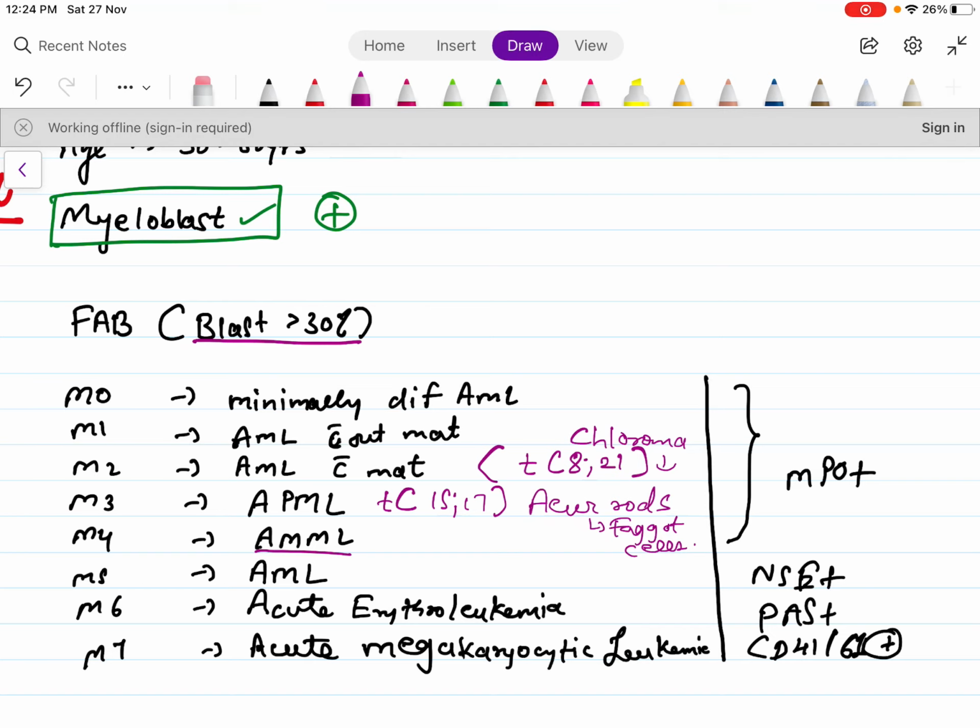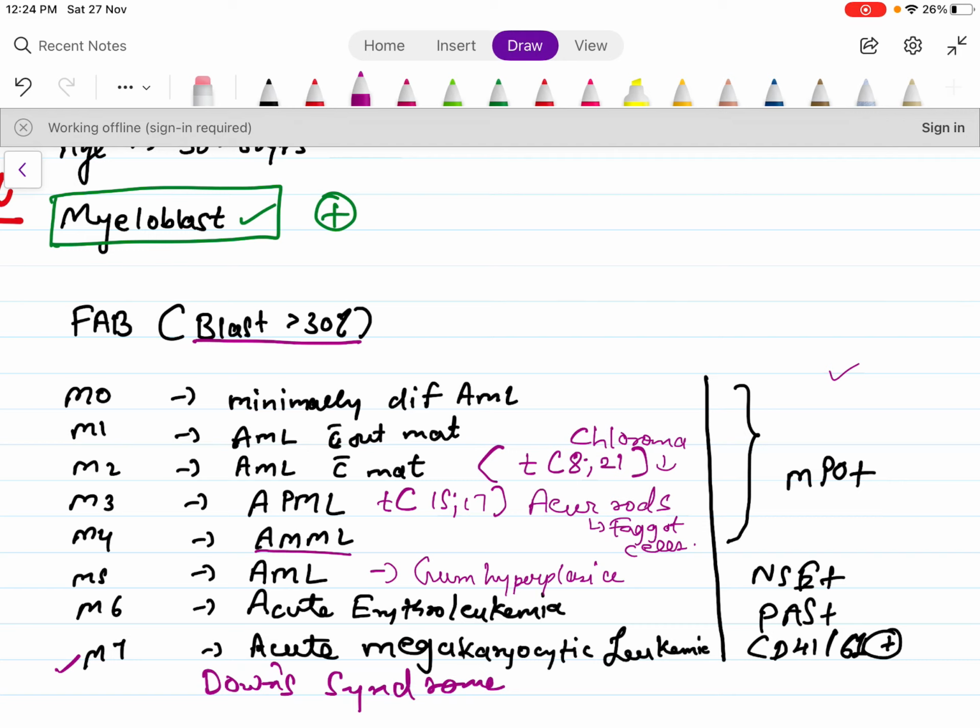Now the things that should be remembered from this are: M7 is associated with Down's syndrome. M5 is associated with gum hyperplasia. So now there are various markers that are used in the pathology lab.